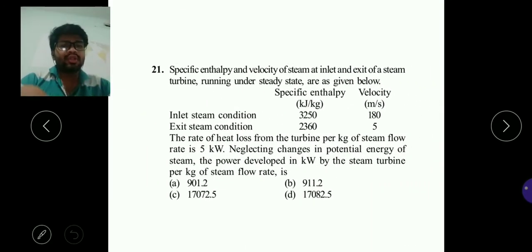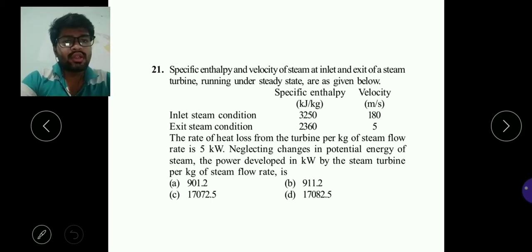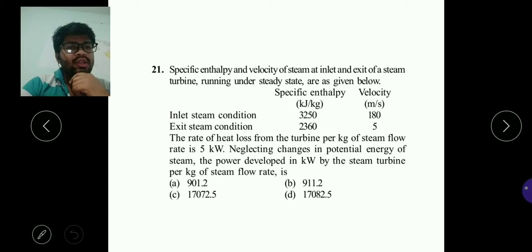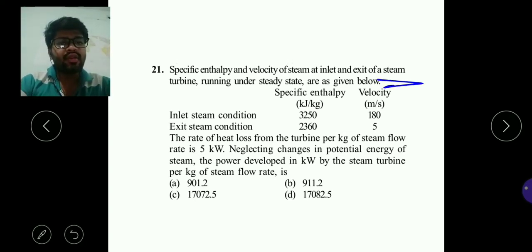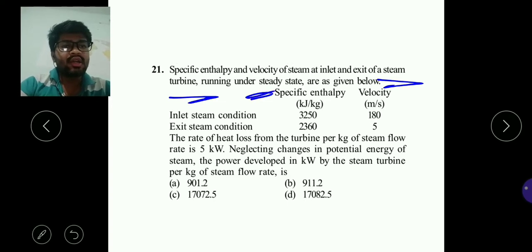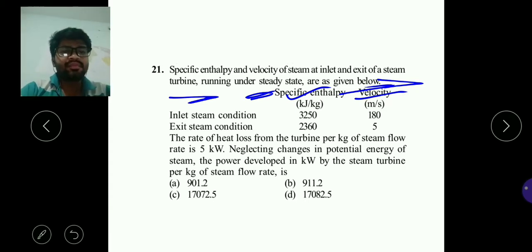Read the question carefully. It says that the specific enthalpy and velocity of steam at inlet and exit of a steam turbine running at steady state are given below. Specific enthalpy H1 and H2 are given, and velocity V1 and V2 are given.